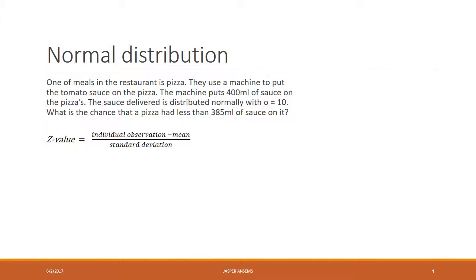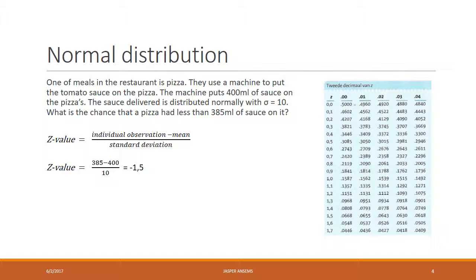So the formula we're going to use is the value of z we need to find out, and that's the individual observation minus the mean, divided by the standard deviation. So the individual observation is 385, the mean is 400, divided by 10, which is the standard deviation, is minus 1.5.